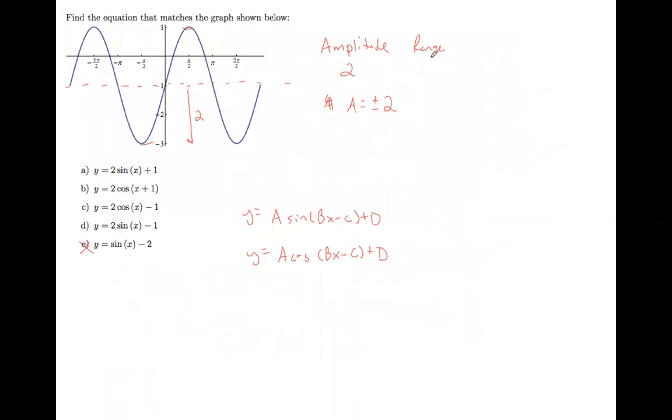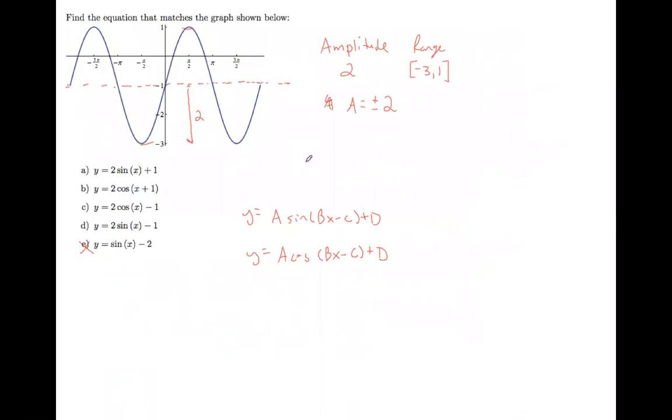And next, we see our range is -3 to 1. And we can see from our graph the fact that this dashed line at y equals -1 would ordinarily be the x-axis if our graph was not shifted up or down.